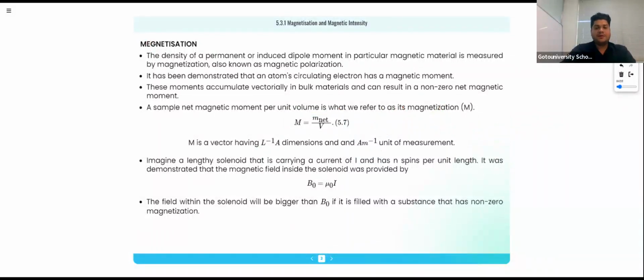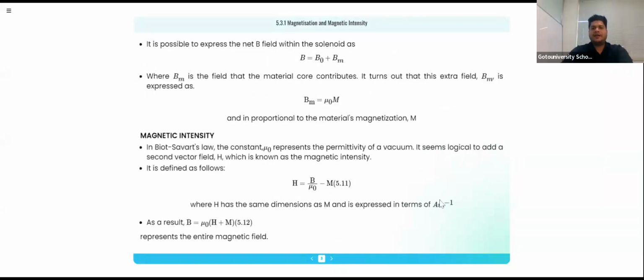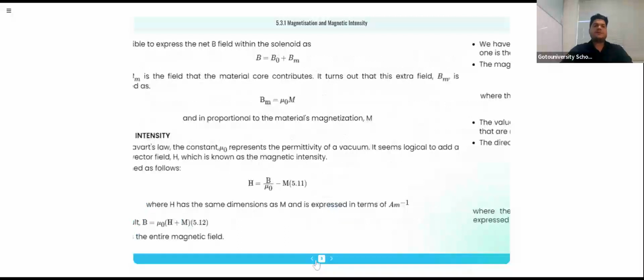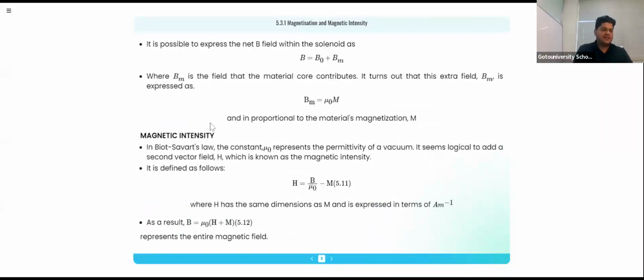Next we have magnetic intensity. We'll study magnetic intensity first, then we'll see the formula which is written above. What is the meaning of magnetic intensity?